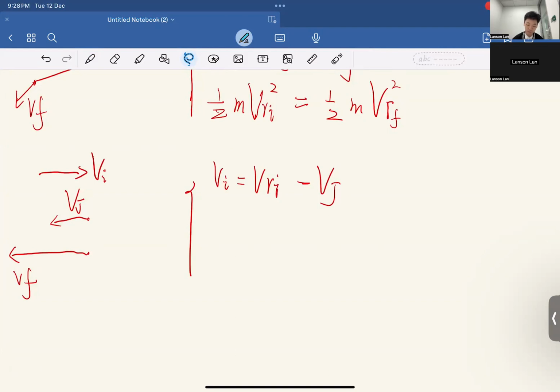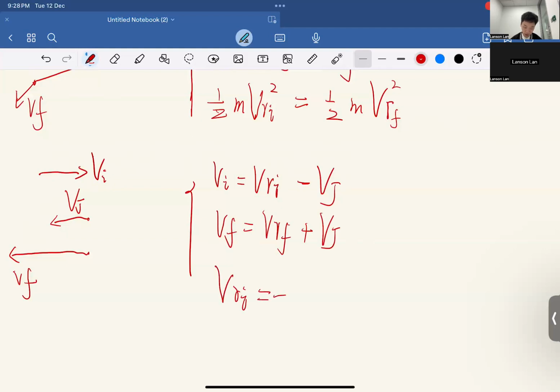So here it should be minus, and VF equals VRF plus VJ, and VRI equals minus VRF. And we solve these three equations to obtain VF equals VI plus twice VJ.